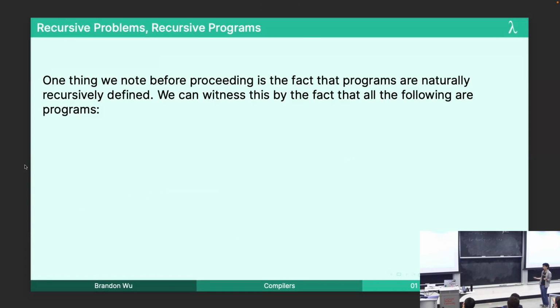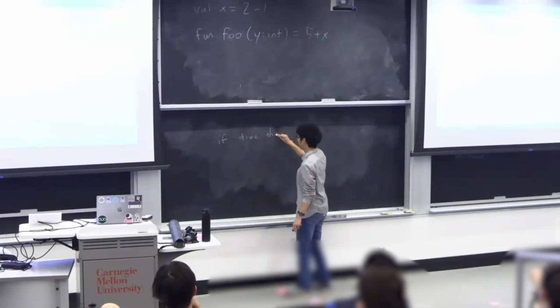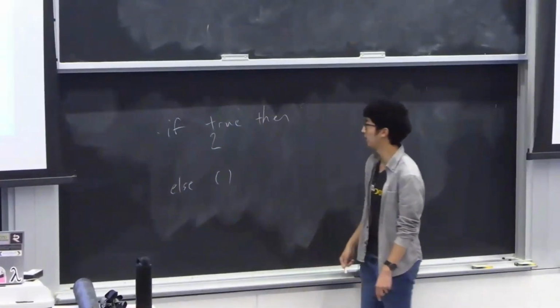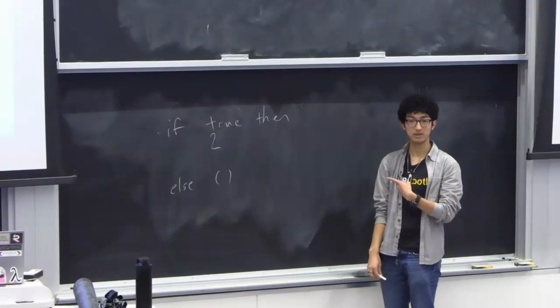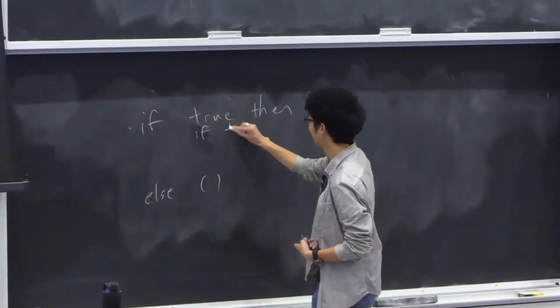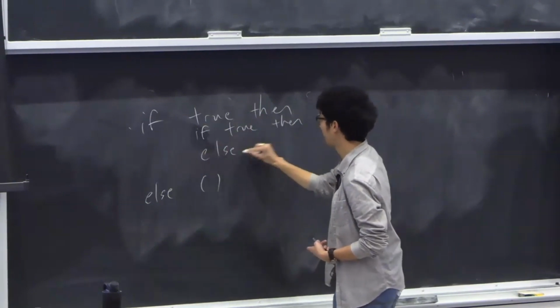So programs are naturally recursively defined, right? And some people are always suspicious of that. So I do this. Okay, I say, do you agree with me that this is a program? Yeah? Okay. Do you agree with me that this is a program?